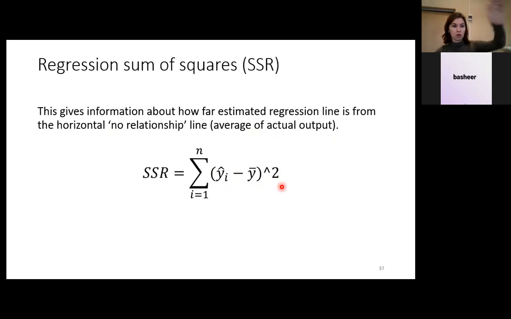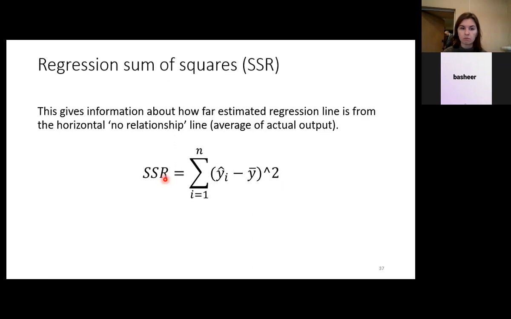Because if your regression is quite close to the mean value, it means that you could not express the variance of the y using x. So it means that your relationship between x and y will be quite weak.